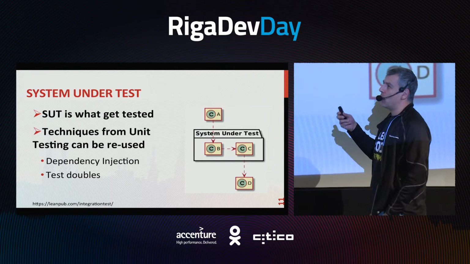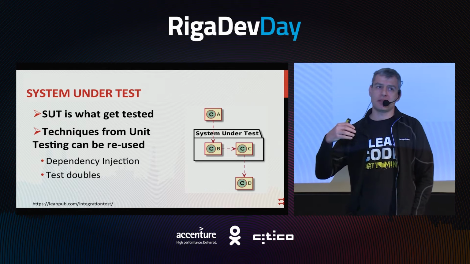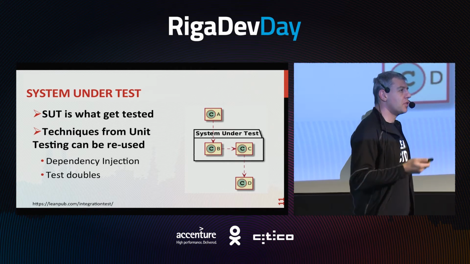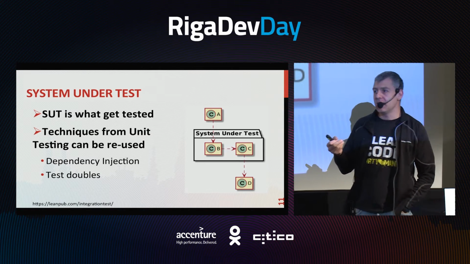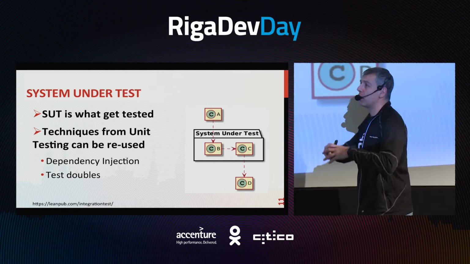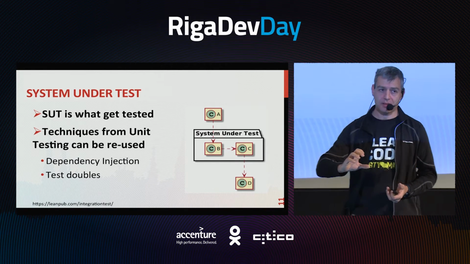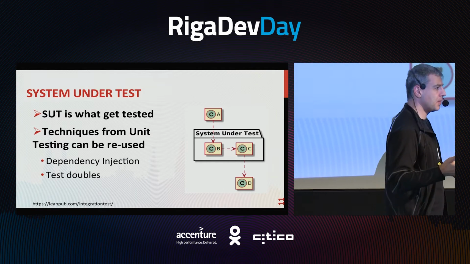When you do integration testing, there is a new concept that is not part of unit testing: the concept of system under test. The system under test is a part of the whole. In unit testing, the system under test is a class, and it's implicit that it's only a class, so you don't talk about it.